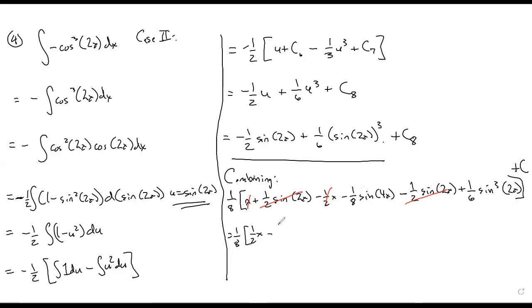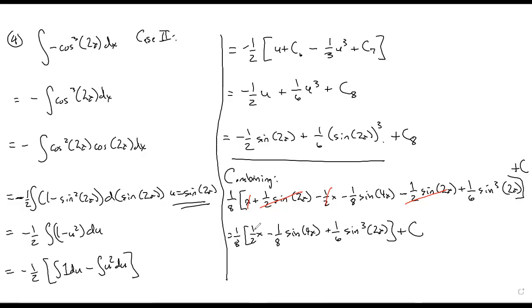minus 1/8 sine 4x. And then we have plus 1/6 sine cubed 2x plus our arbitrary constant.